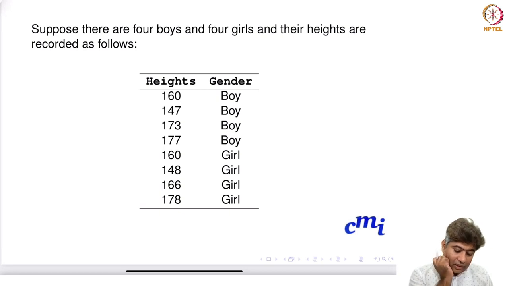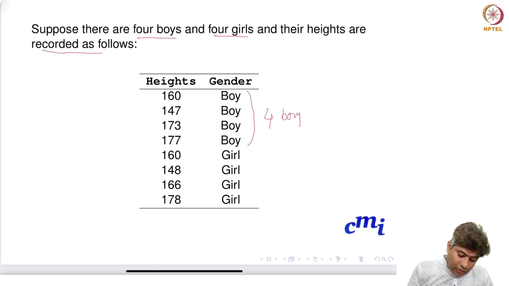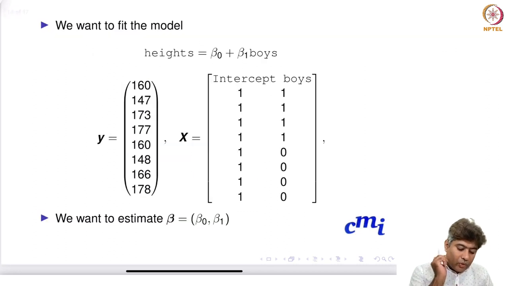Now we will consider an exercise. Suppose there are 4 boys and 4 girls, and their heights are recorded as follows. We want to model height as a function of gender, boys or girls.